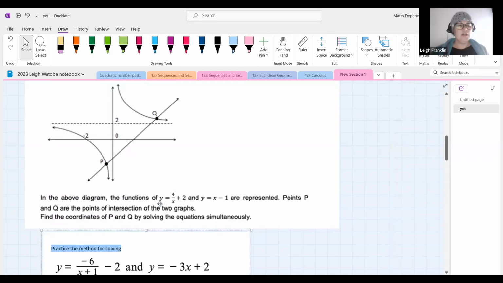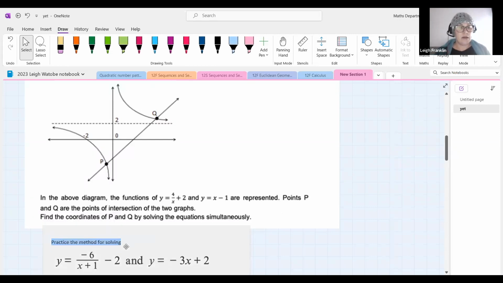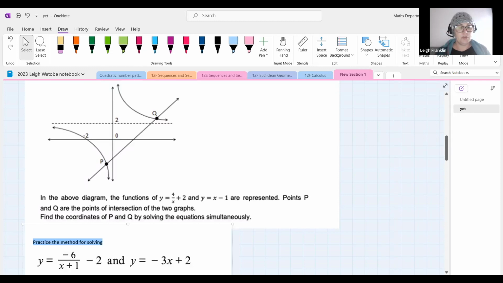If you are finished, try this question that's popped onto the screen on the left-hand side. So this is y equals minus 6 over x plus 1 minus 2, and y equals minus 3x plus 2. You're going to try that. Michelle, same thing. That was very easy.